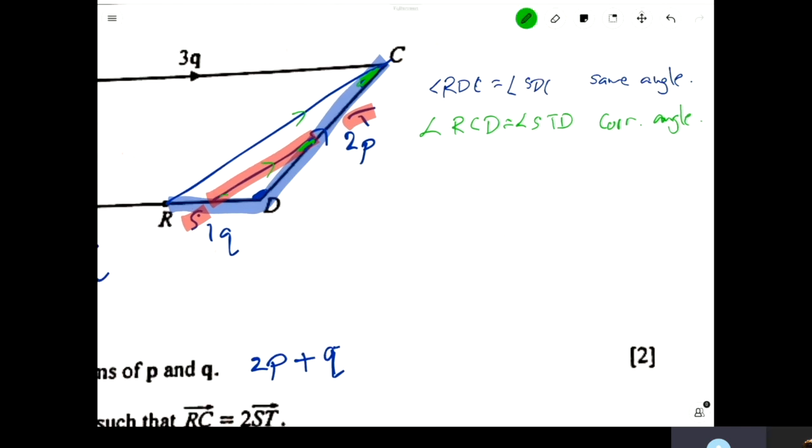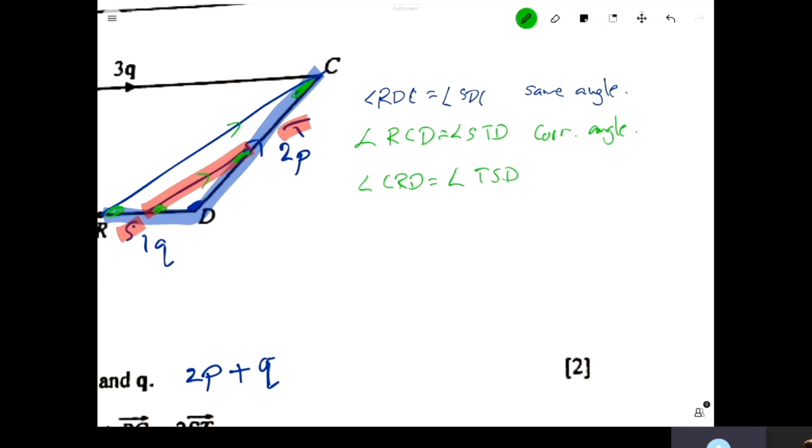Now the third one must be the same as well. Green color. That is angle CRD is equal to angle TSD. Right? Why? Because you can either use corresponding angle, right?